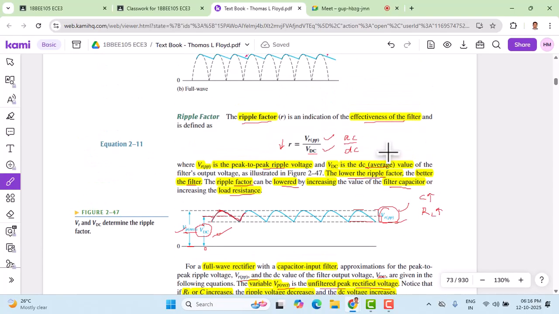It is actually the performance of a filter circuit, the losses which are happening here, and that can be calculated based on the ripple to the DC voltage. Therefore ripple is nothing but the AC voltage to the DC voltage, the V R peak to peak by V DC value. That is how the ripple is calculated.